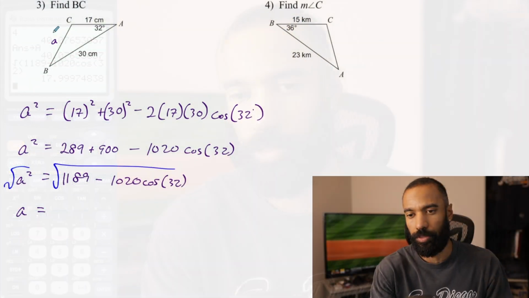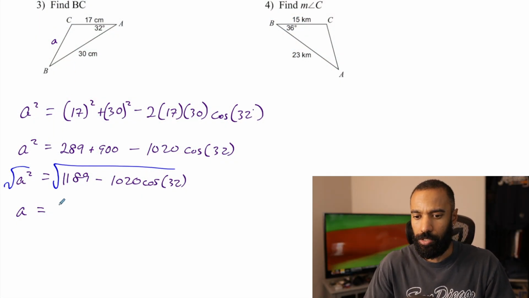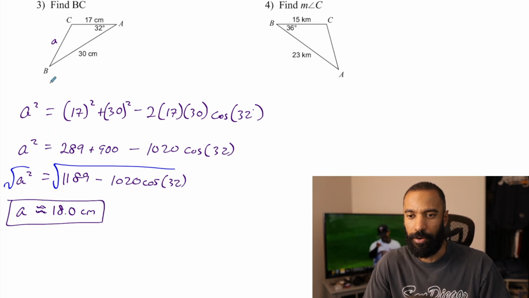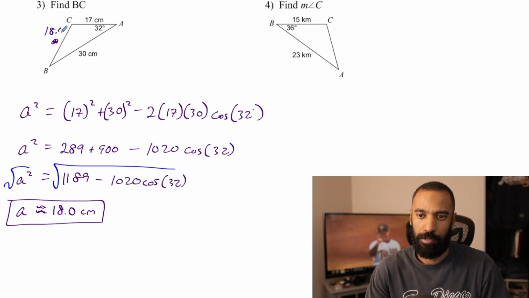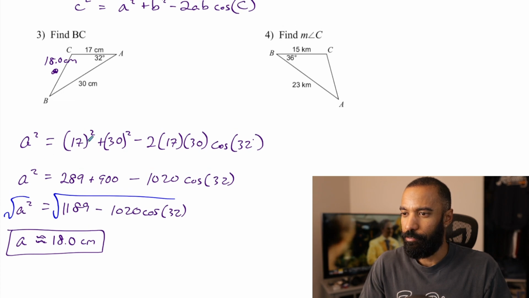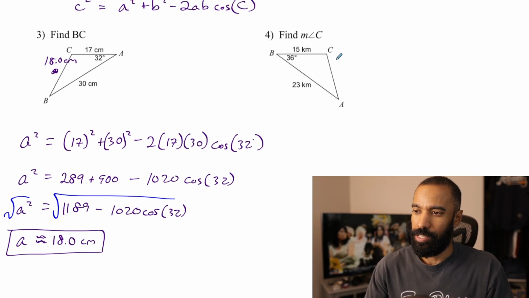All right, 17.999, looking at 18 centimeters because it does have actual units on this one. So this is going to be about 18.0 centimeters. Keep in mind we're still going to have to find area on this thing. So 18.0.